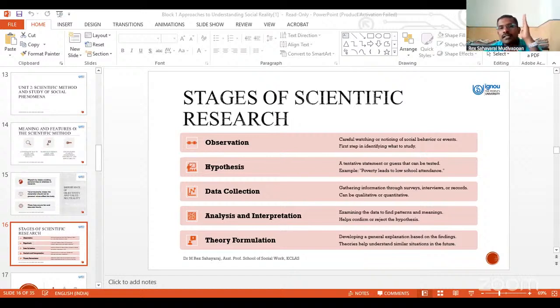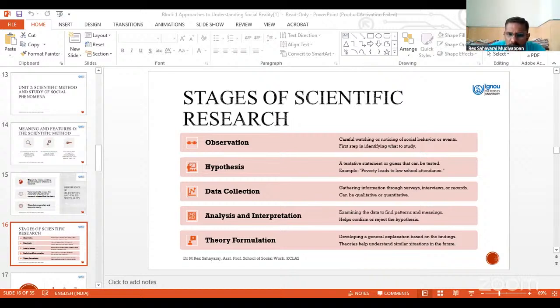Otherwise it's just data, just numbers, or just text. You put some mathematical calculation. A simple one is percentage. Apart from that, you can put a lot of mathematical calculation to make that information. So analysis and interpretation help us make the data inform the public that this is what is happening.